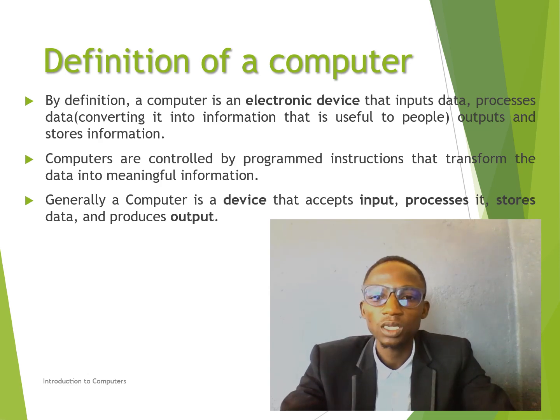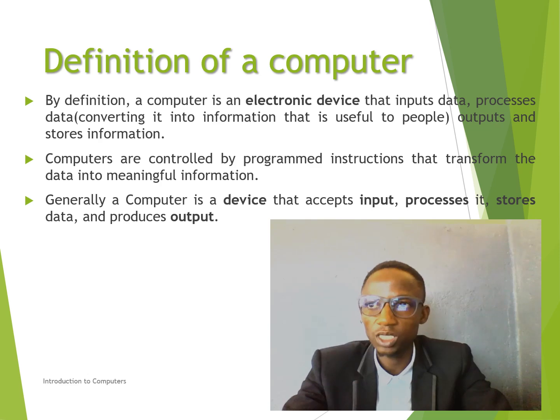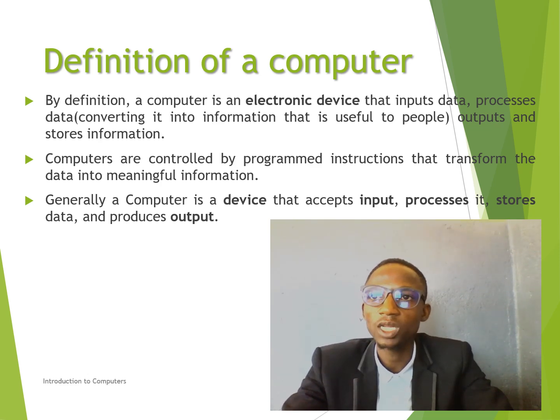A software is a programmed instruction that governs or guides the computer on what to do. So these instructions transform the data into meaningful information. So we talk of that software part, and we'll also look at it as we look into other categories.